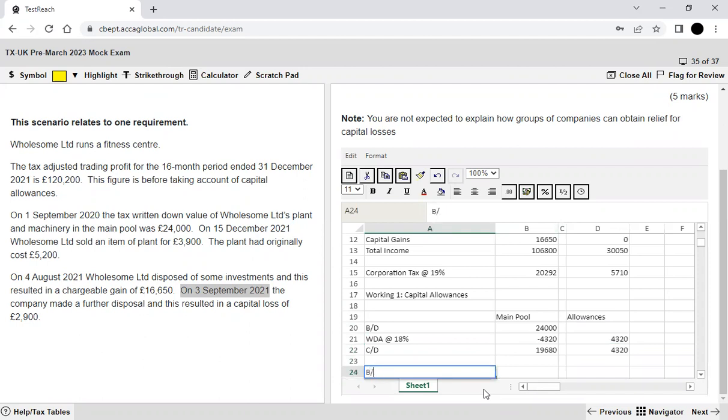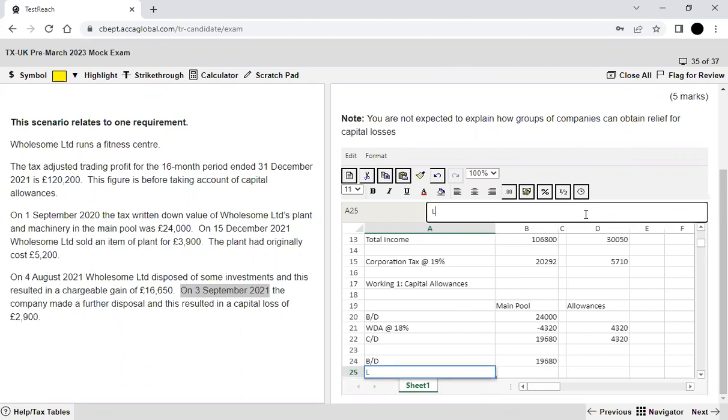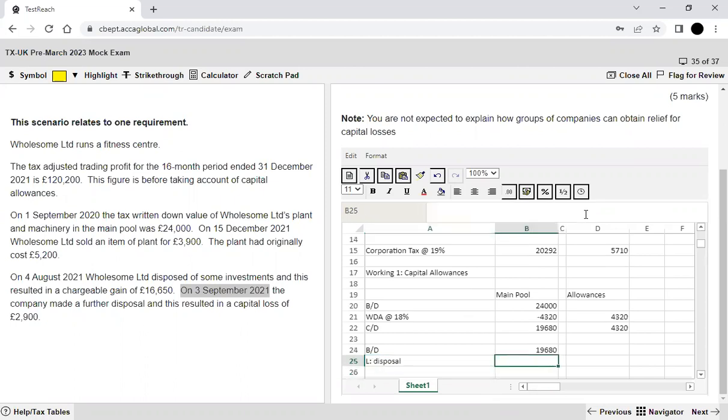Then the carried down of one period would become brought down for next period. For the next period, I can see disposal. Disposal is by the amount.